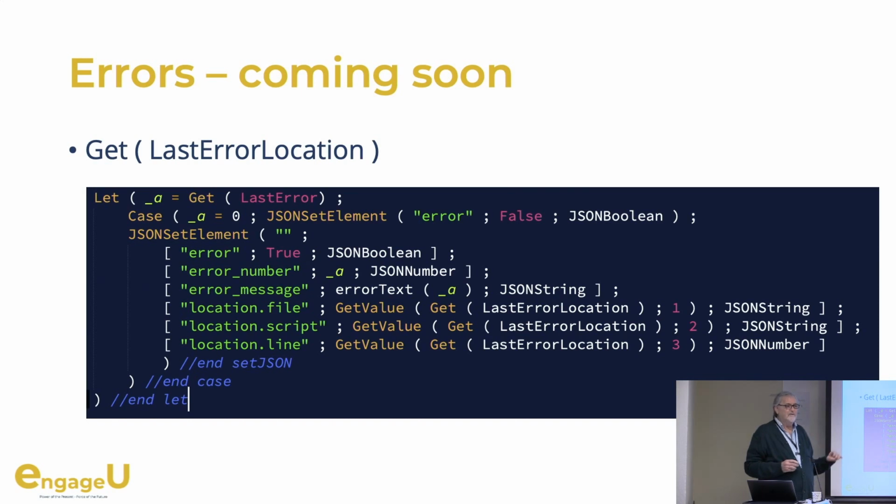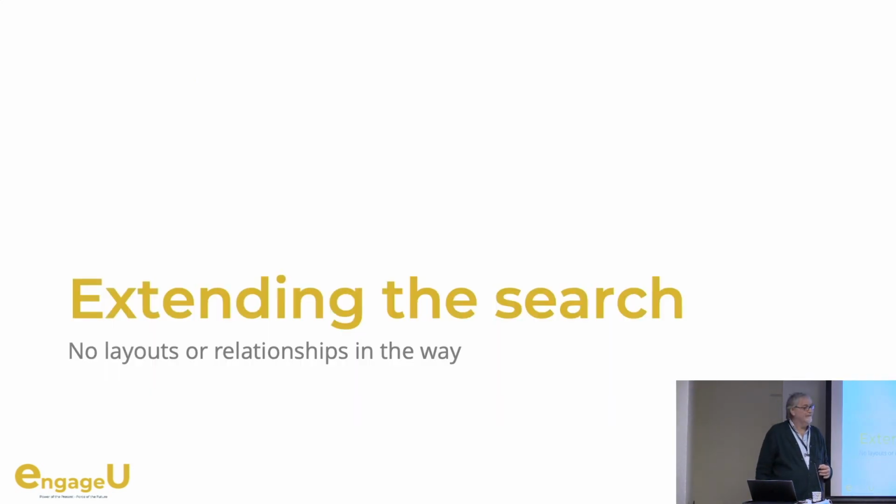The reason is because the act of doing a get last error will give you a 0 error because it did just work. So this stops working. So that's why I've now wrapped it in a let function to be able to grab both things at the same time, the get last error and the get last error location. There we go, a little tiny clue for when you start to use it in real code. That'll keep you awake, won't it?